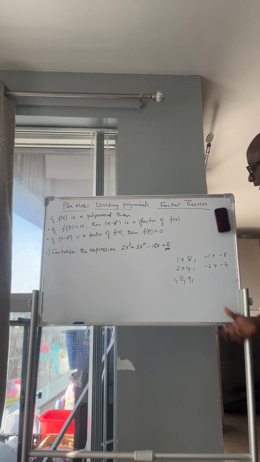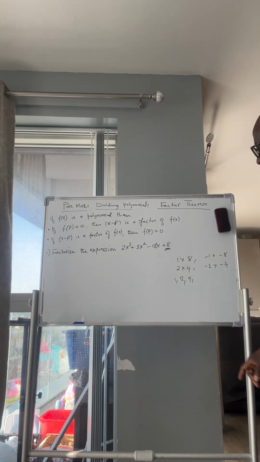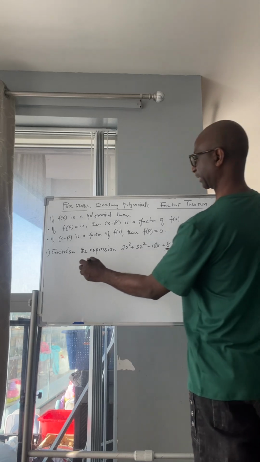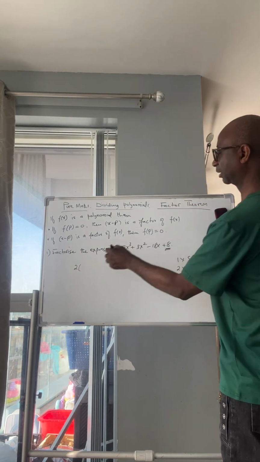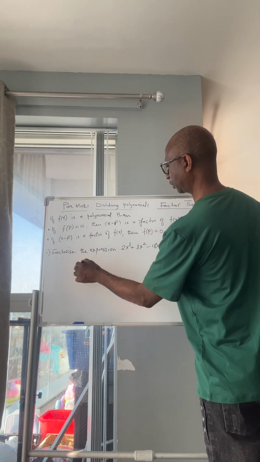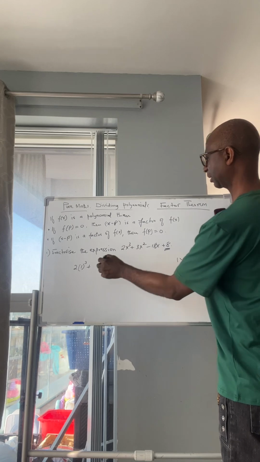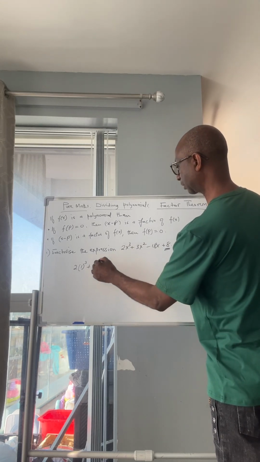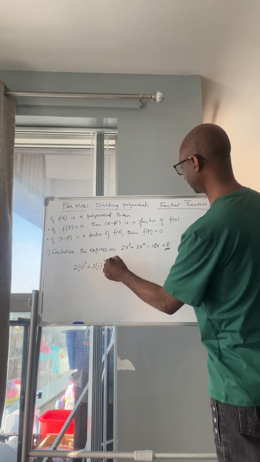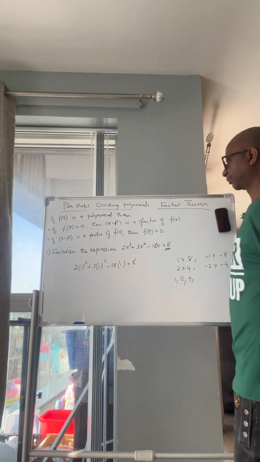So now what do we do with these factors of 8? Let's come now to this equation. 2x to the power of 3 plus 3x squared, and x we will put 1, minus 18x times 1 plus 8.